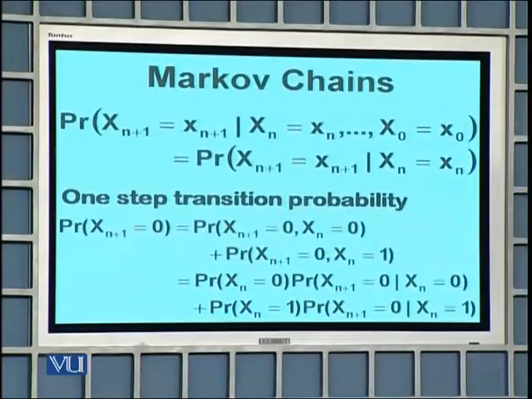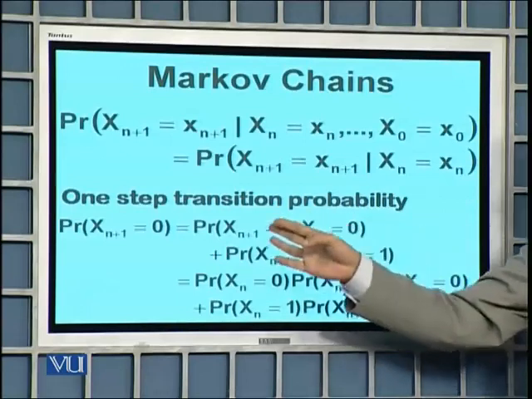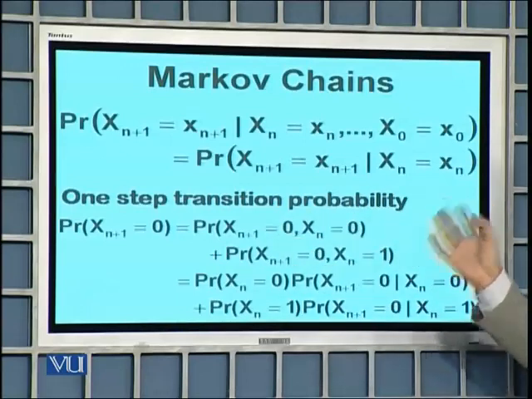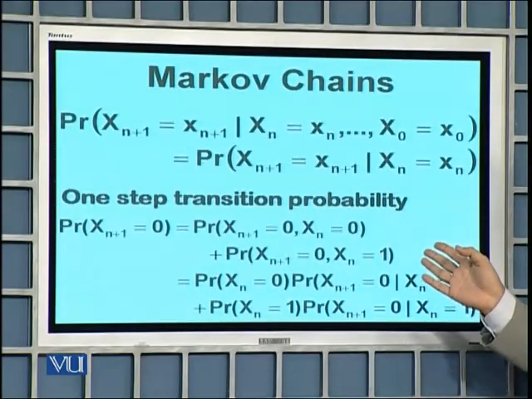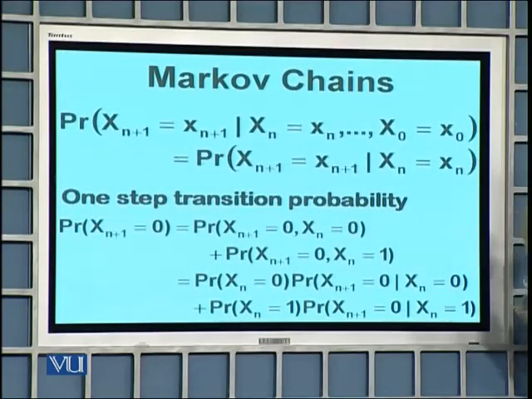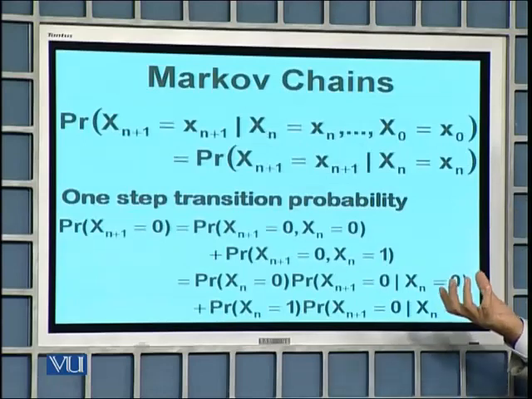Why does this formula work? What does this formula represent? This formula represents what we already discussed in the 5th lecture, that is the partition of the sample space. That is the total probability of a random variable.